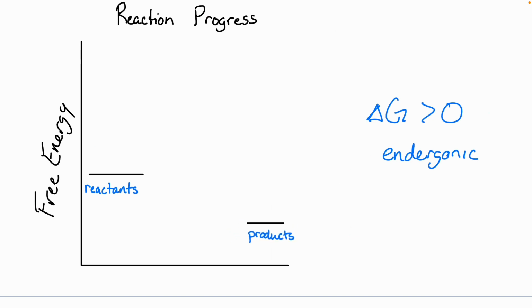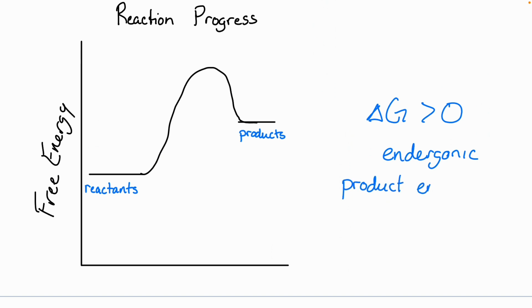Right, for an exergonic reaction, my products sat at a lower energy than my reactants. For an endergonic reaction, my products are going to sit at a higher energy than my reactants. And then I'm still going to have my little hump in the middle. If the reaction is endergonic, that means product energy is greater than our reactant energy.